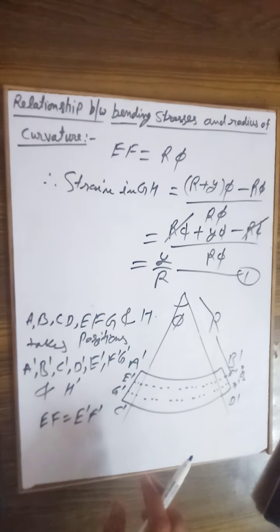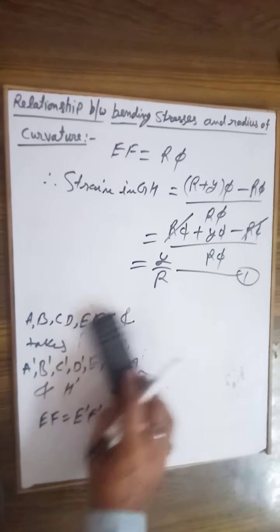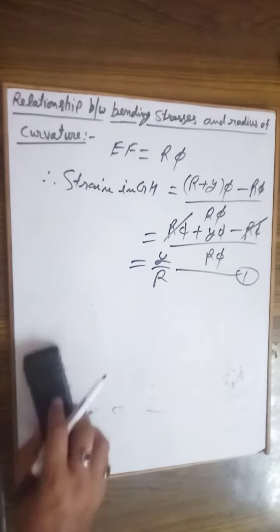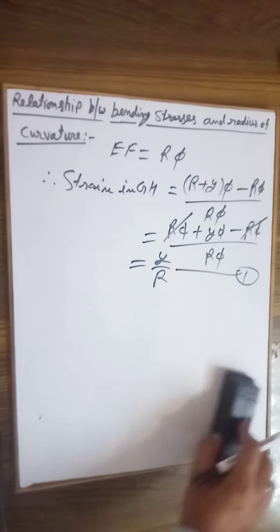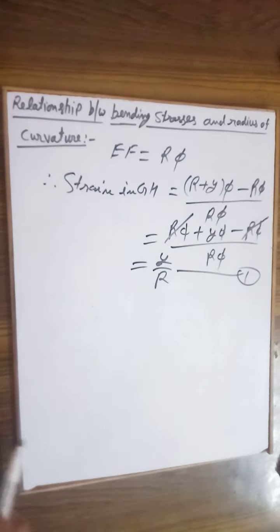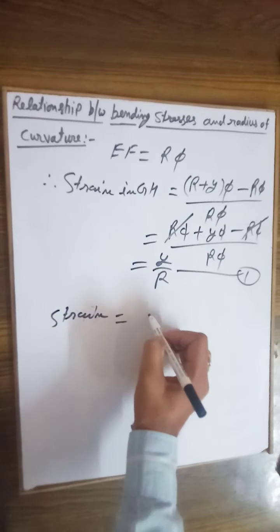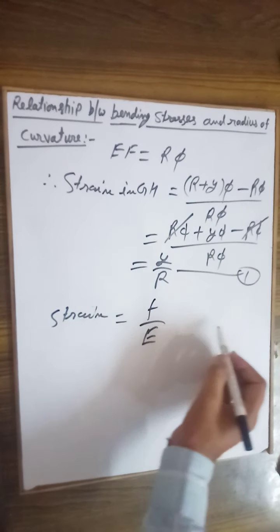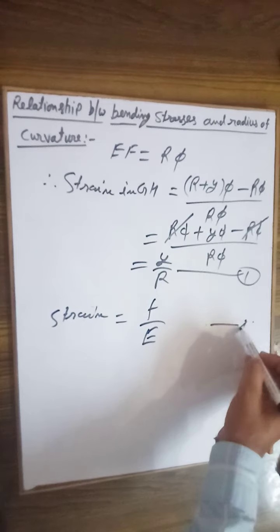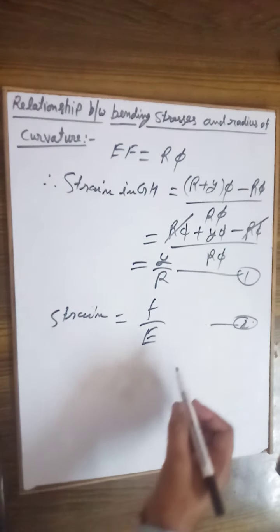Since the strain in the GH is due to the tensile force, we can say the strain is F over E, that is our equation number 2. As we know, E is the modulus of elasticity.